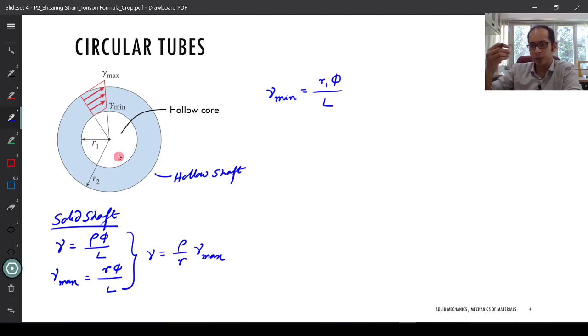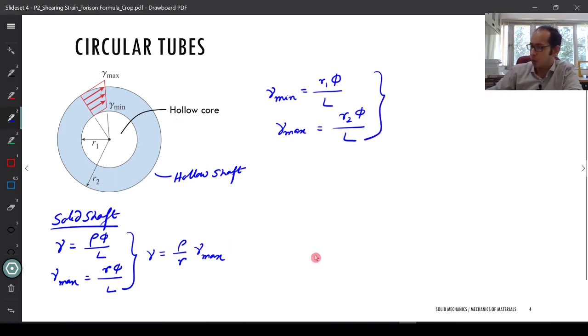So if you are starting to take notes from this point onwards, you see what I wrote over here. Following this relationship, I wrote this one for the inner radius r1, and also for the outer radius I'm going to have gamma max equal to r2 times phi divided by L. Now if I use these two expressions, similar to what I did over here, I can write gamma minimum is going to be r1 by r2 times gamma maximum.